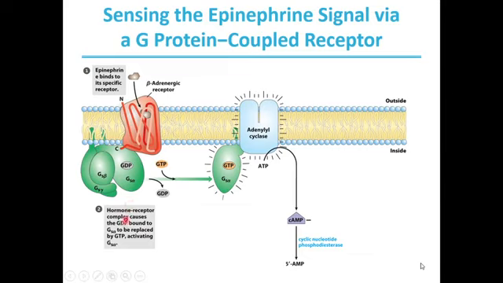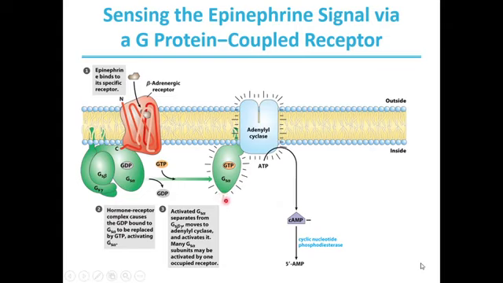The hormone receptor complex causes the GDP bound to the GS alpha subunit of the G protein to be replaced by GTP. And as a result, GS alpha is activated in the presence of GTP.